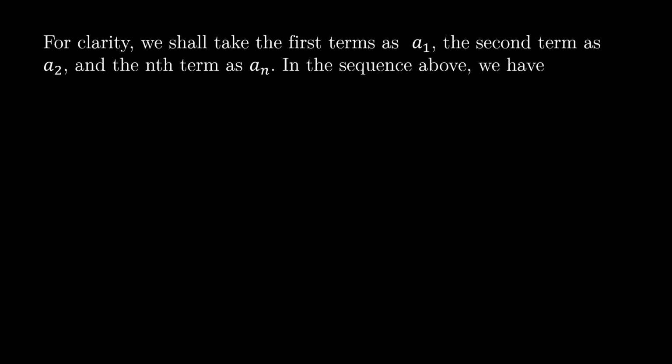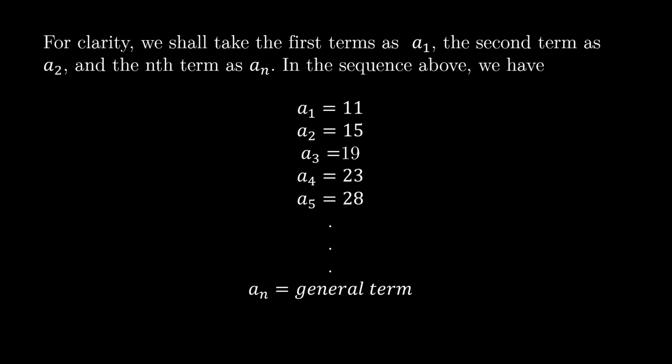For clarity, we shall take the first term as a sub 1, the second term as a sub 2, and the nth term as a sub n. So in the sequence above, our a sub 1, our first term, is 11, our a sub 2 is 15, our a sub 3 is 19, our a sub 4 is 23, our a sub 5, our fifth term, is 27, and so on. Our a sub n is actually our general term.